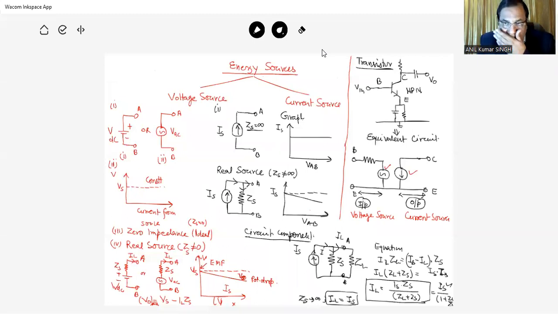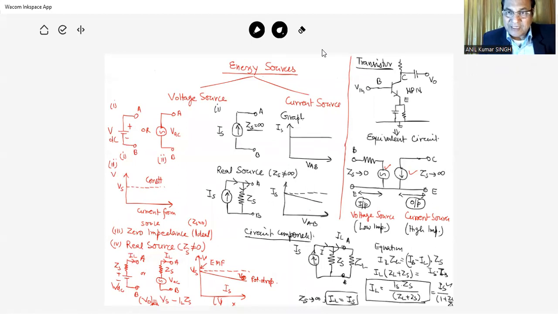Here the source impedance ZS of the current source tends to infinity, high, and the ZS of the voltage source tends to zero. So it is low impedance here and high impedance there.